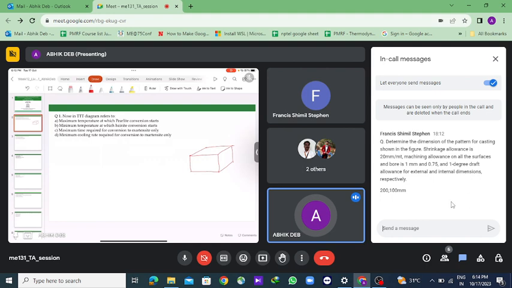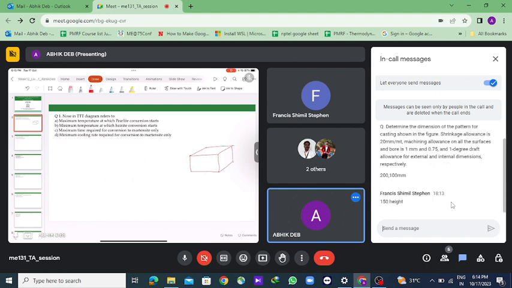What are you asking again? Here we have the dimension, and I need to apply that taper allowance to this pattern. I was confused whether, if the height is 150 and base width is 200 and 150 rectangle, we will be tapering outside if we are taking it from that 200.